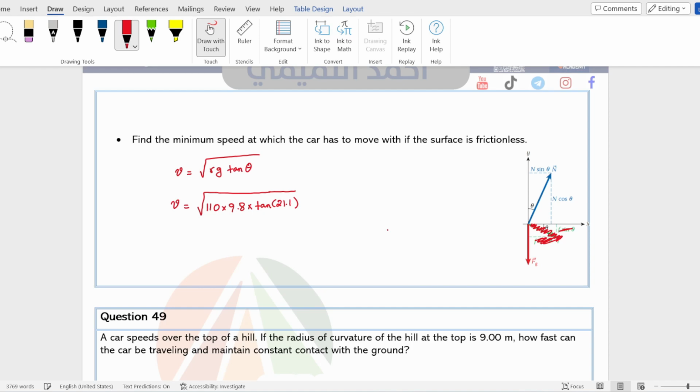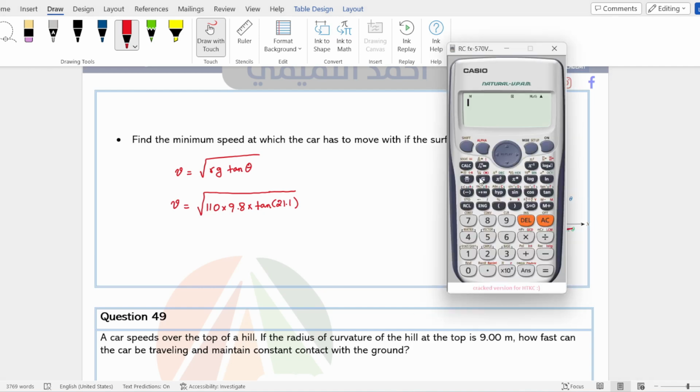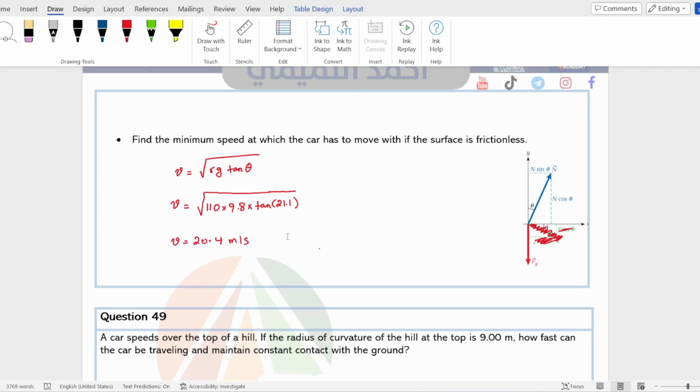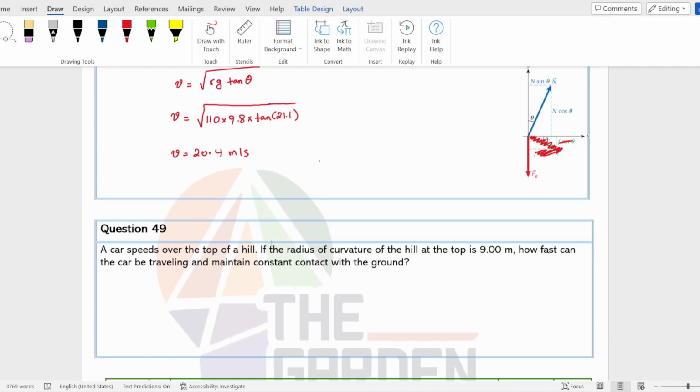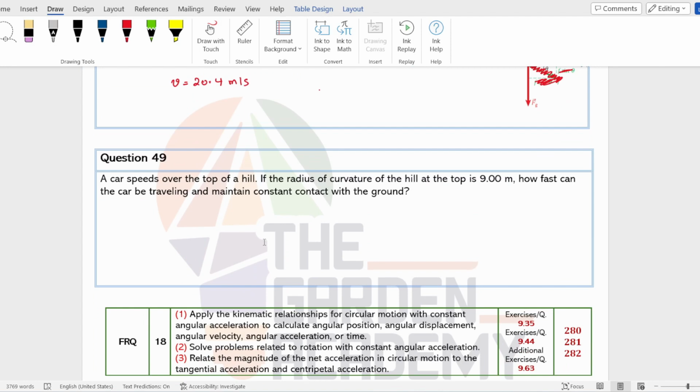We go back to the calculator: square root of 110 multiplied by 9.81 multiplied by tan 21.1. We got the answer 20.4.